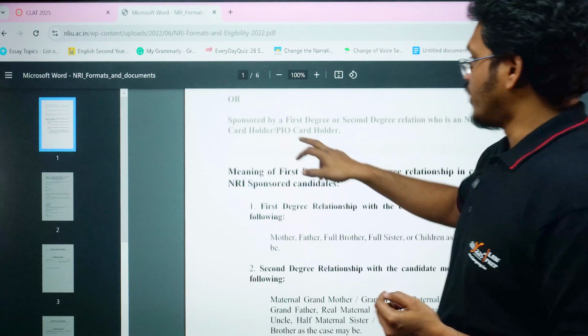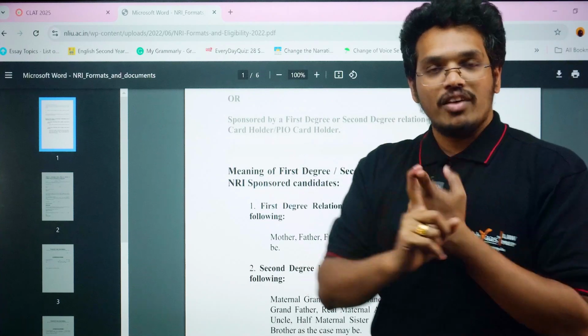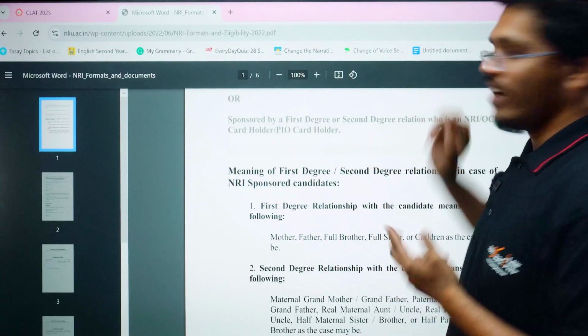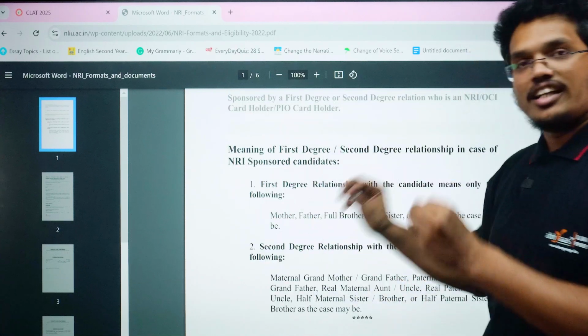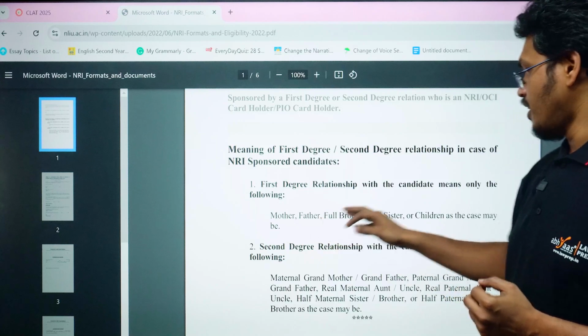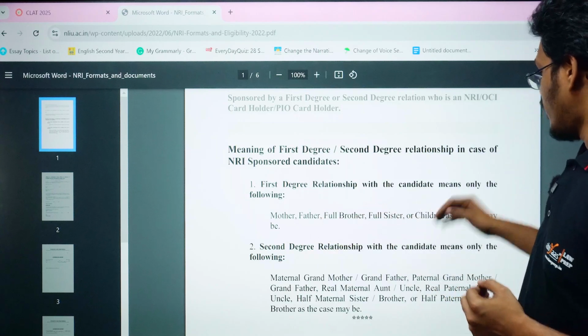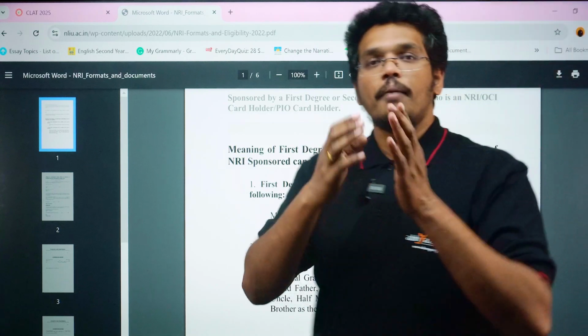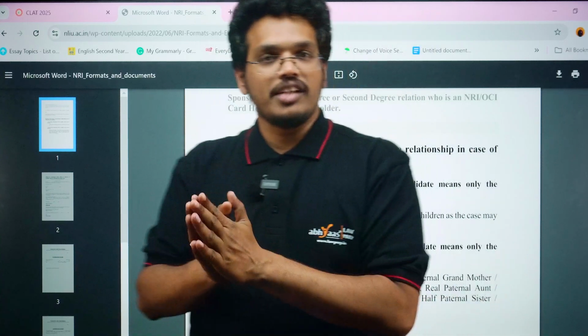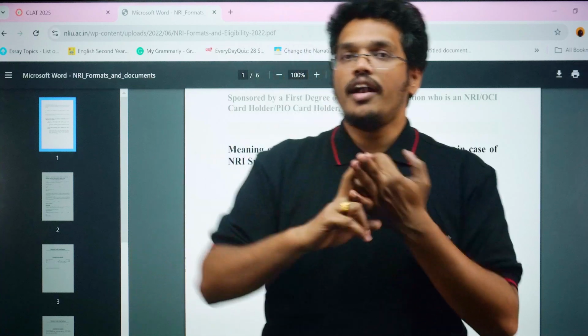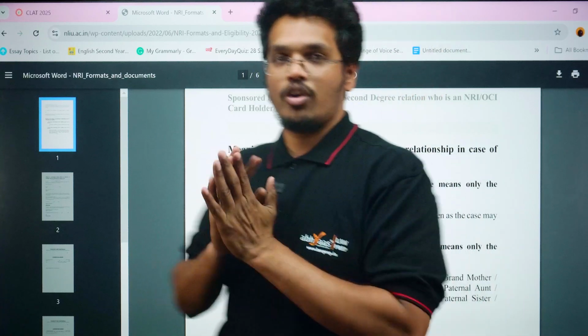The relatives are classified into two categories, first degree and second degree relations. What is a first degree relation? First degree relation means mother, father, brother, sister, or children, as the case may be. So the immediate blood relation.